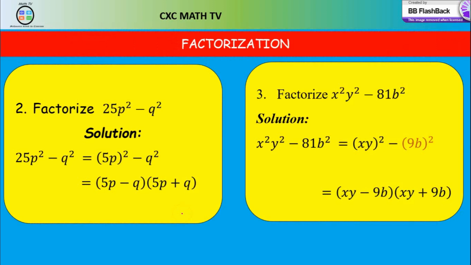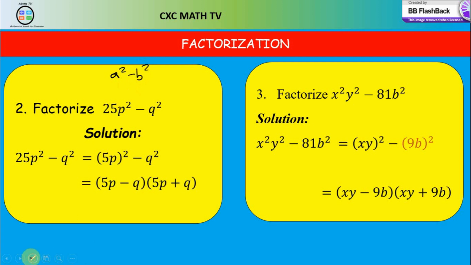Now we have some questions here. The only thing is that you just need to remember what is a and what is b. So in this case, we have 25p squared minus q squared. It's not in a form that we like. We need it in the form a squared minus b squared.